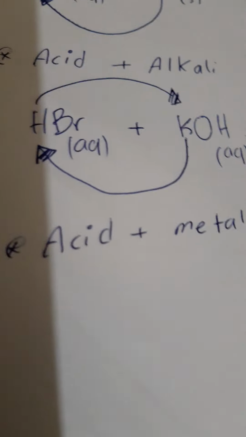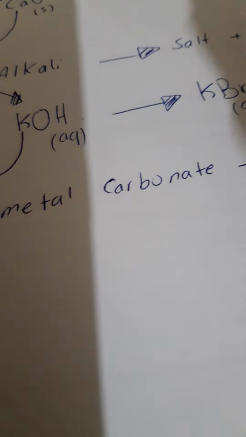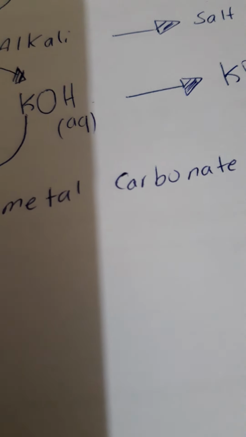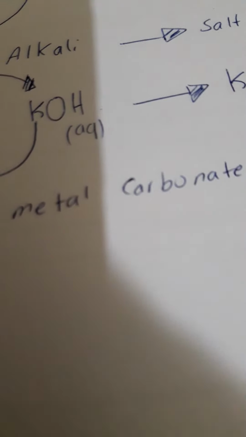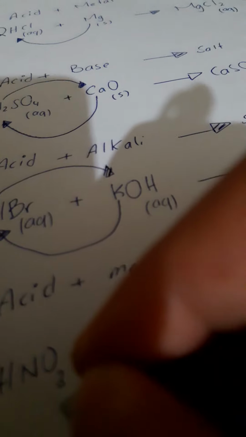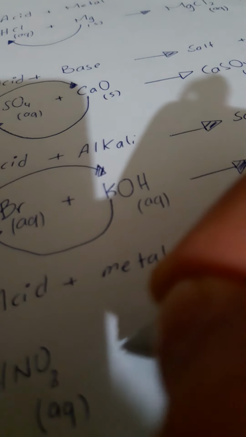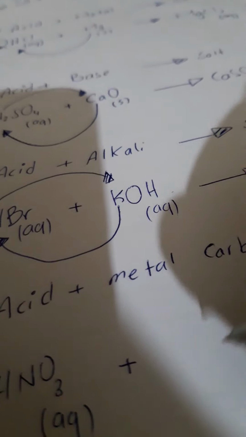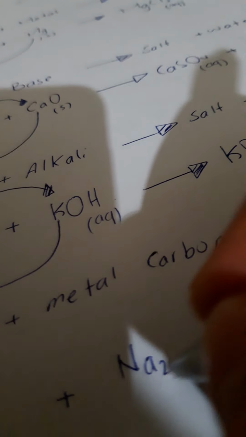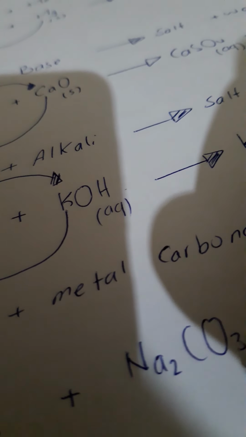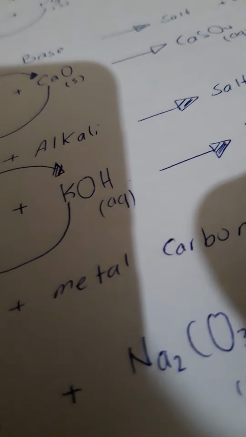The last reaction is considered to be acid plus base, but with a specific property for this base. It is a carbonate. The carbonate ion is CO3 2-. Even if you have hydrogen carbonate HCO3-, the products would be the same. Let's take an acid, say nitric acid HNO3 aqueous solution, reacted with a metal carbonate, say sodium carbonate Na2CO3 solid.